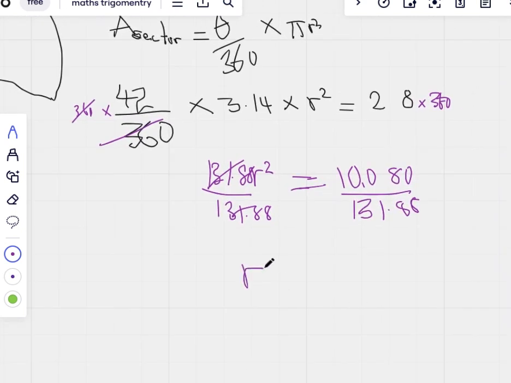So r squared, still this is r squared, gives us 76.43. Now we find the square root of this number. The square root of 76.43 gives us what?